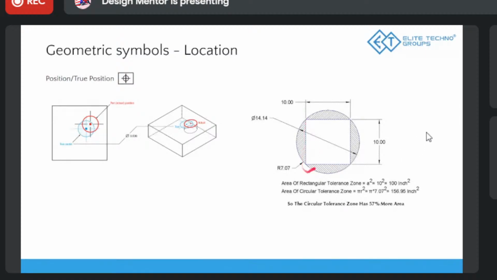If you use that plus minus thing, what happens when the point is here? Will you reject the part? But why would you reject it, because it's still within the tolerance? So that's why we shifted to circular tolerancing. So you get extra area if the center of some part comes here. So that's also fine.